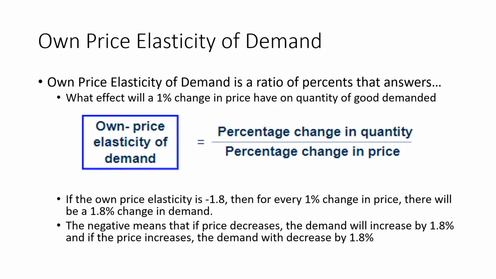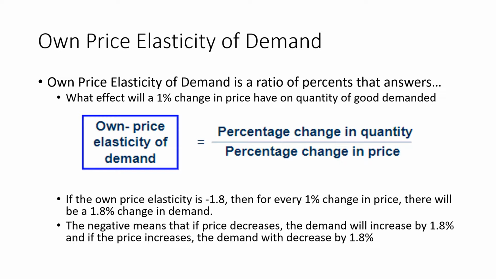Our first equation is for the own price elasticity of demand, and it is a ratio of percents that answers the following question: what effect will a 1% change in price have on the quantity of the good that is demanded?